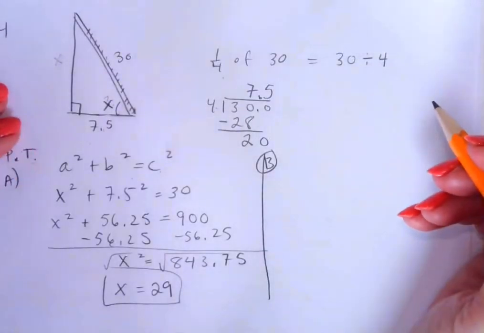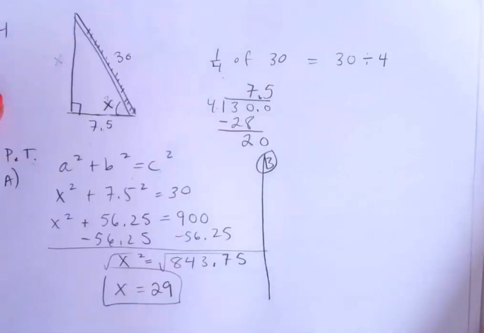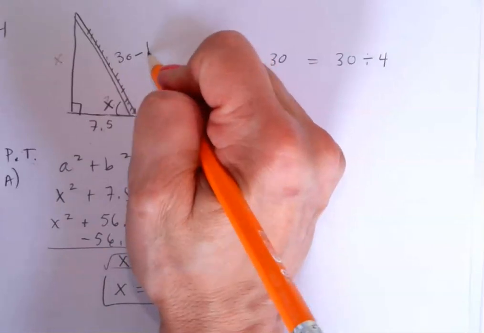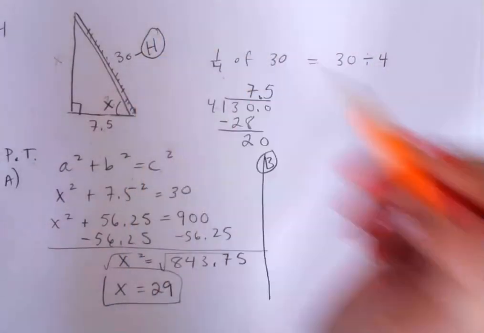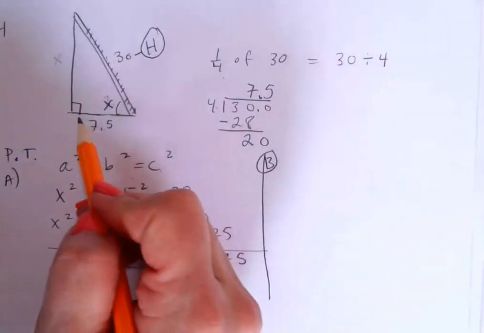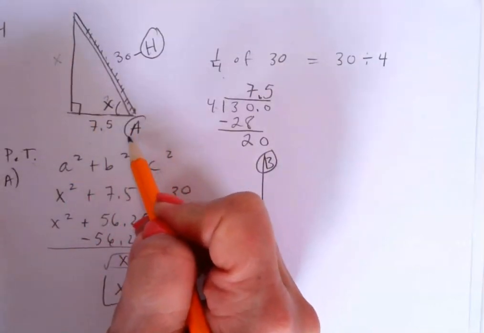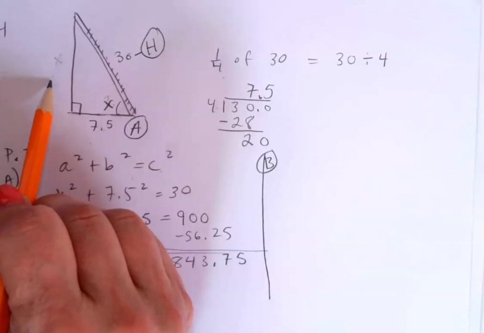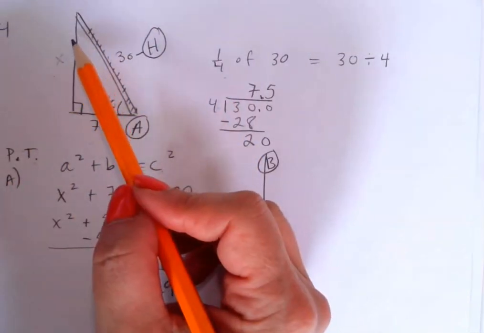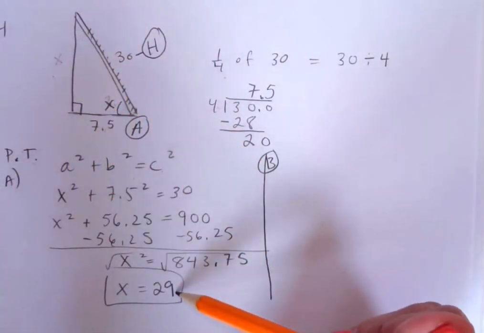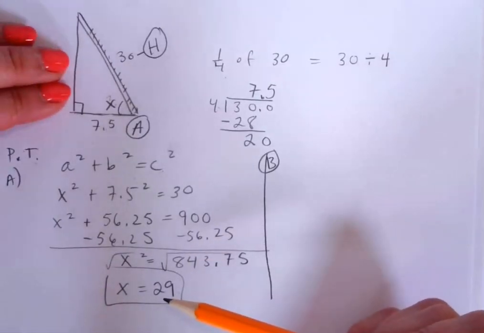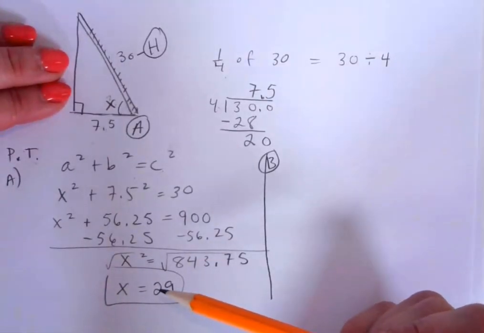So our first step is to label the sides with either O, A, or H. So 30, this is our hypotenuse. That's H. And 7.5 touches the angle, so that is A. This side is O, but we don't care about it because we could use 29. But if this were the first question, we would not use this side.